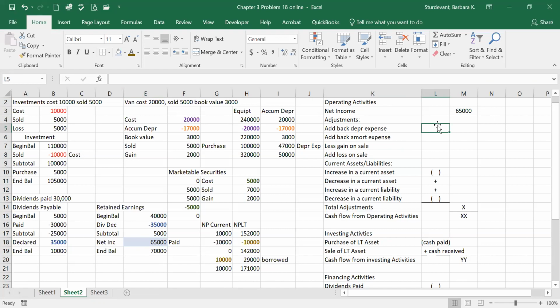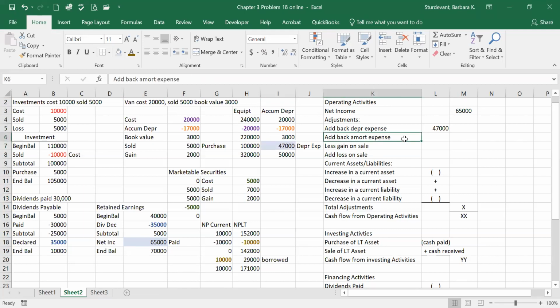You get that from your equation with the van in the accumulated depreciation section of it, at the depreciation expense from there. So we're going to pick this 47,000, right? Okay. So let me put that in blue.